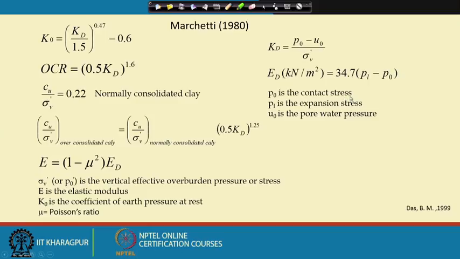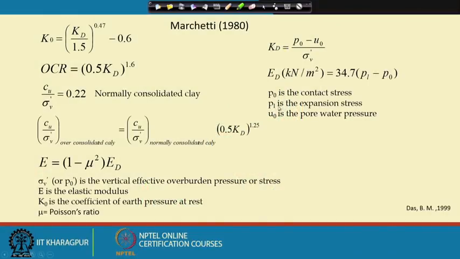P0 is the contact stress, and PL here is the expansion stress. When there is contact, that is the contact stress. Now, when we apply the expansion of this membrane, that stress is PL, and U is the pore water pressure. From these two expressions we can get Kd and Ed. If I know these two parameters, Kd and Ed, then we can calculate K0, the coefficient of earth pressure at rest.